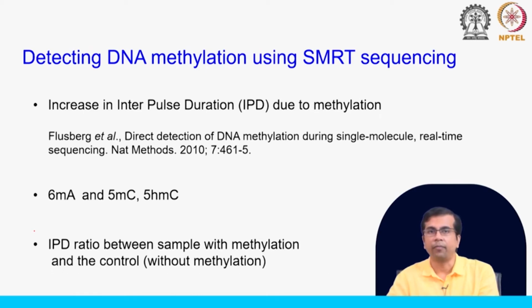What we look at is the IPD ratio between the sample with methylation and the control. This is what this paper did, looking at these modifications in a specific sequence context, and comparing IPD ratios between the sample with methylation and the control without methylation.